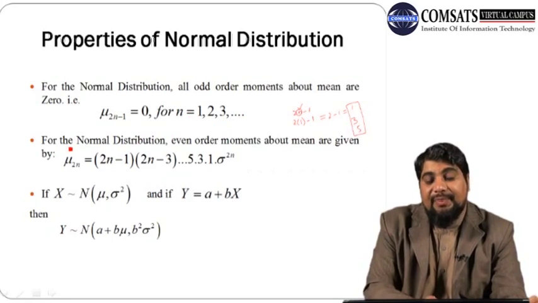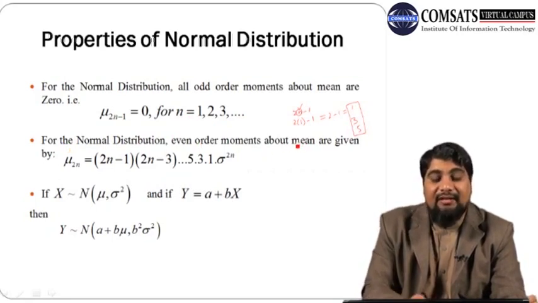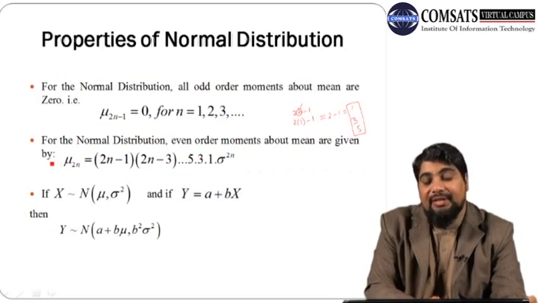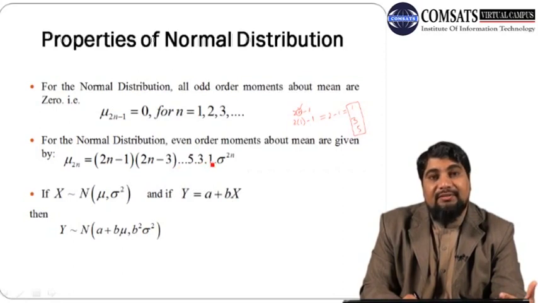And all even order moments about mean are given with the help of this formula: mu 2n equals 2n minus 1 into 2n minus 3 into 2n minus 5 and so on up to 5, 3, 1 times sigma 2n.